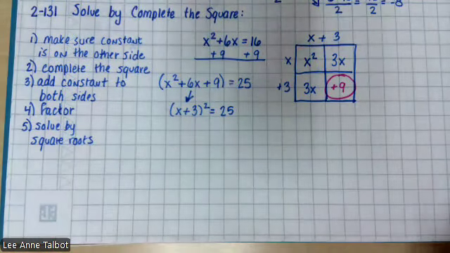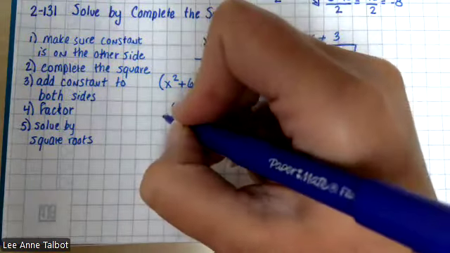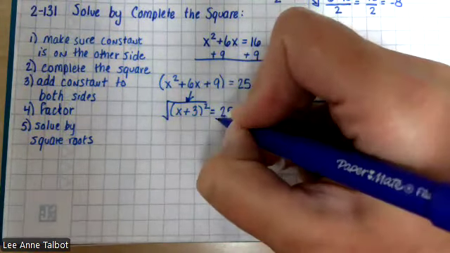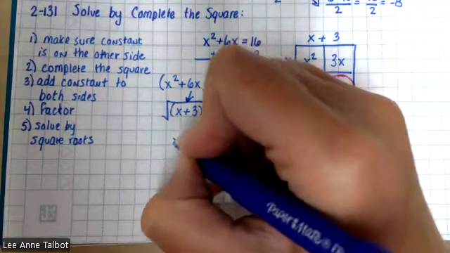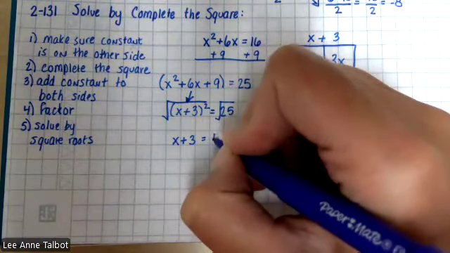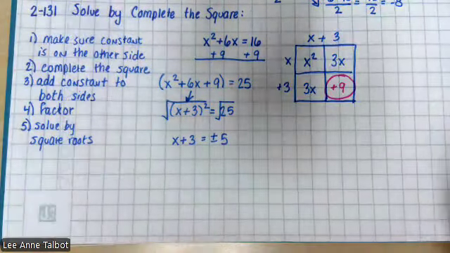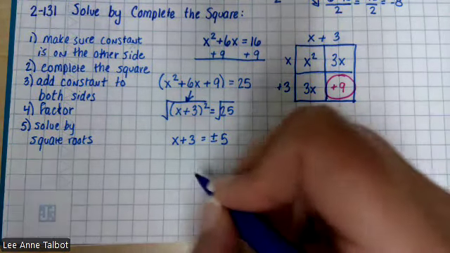And then the last step is to solve by square roots. So square root both sides. Don't forget your plus or minus.